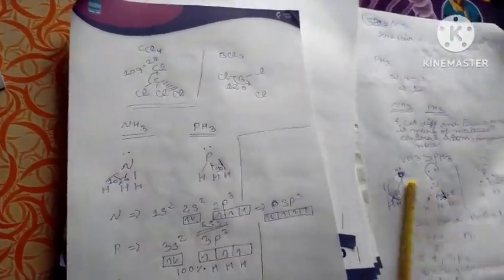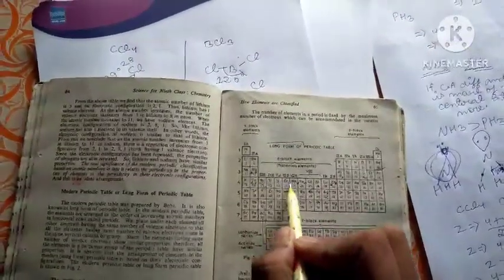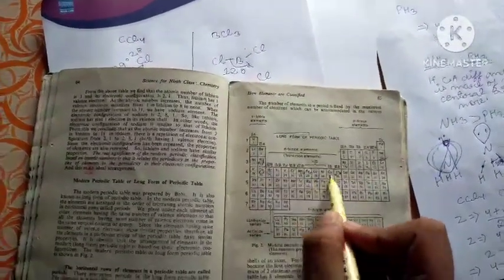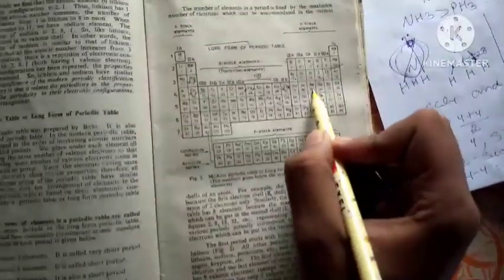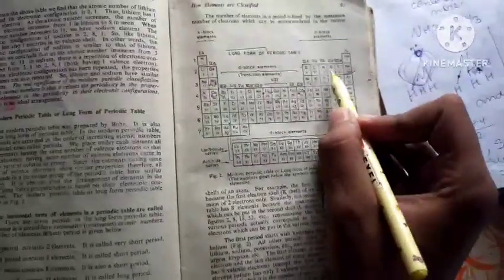I mean to say, here is the periodic table, and 1 2 3 4 5 6 7 8 9 10 11 12 13 14, 15, 16 group elements except the first element.